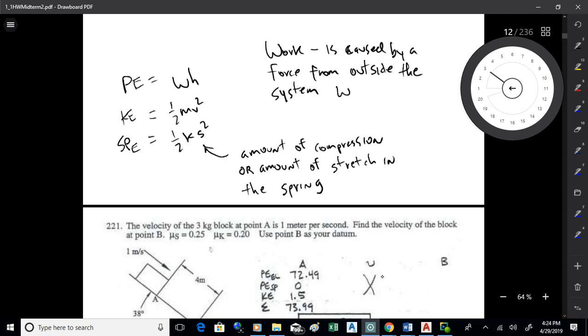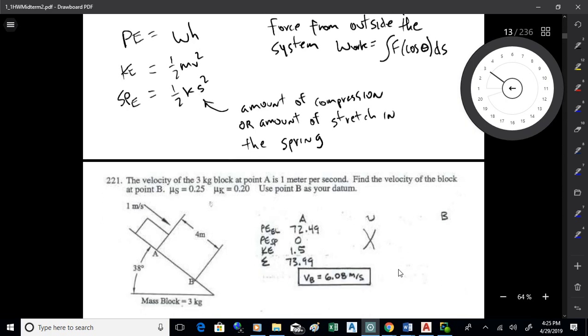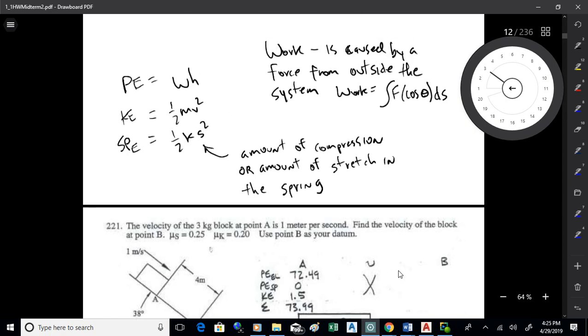And so what work is, you add up the forces times the angle between the force and the displacement, which we could call theta, and then times the displacement. So that's basically what we got here. So it's just a matter, when I do these, I just set up a table and just work through it using those definitions there.